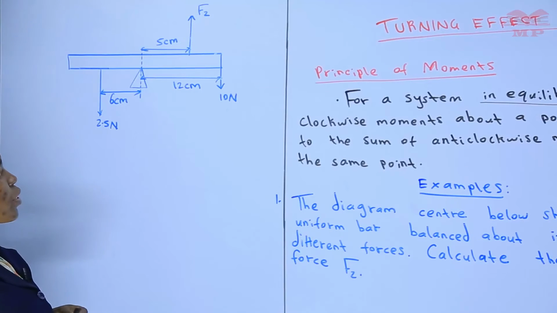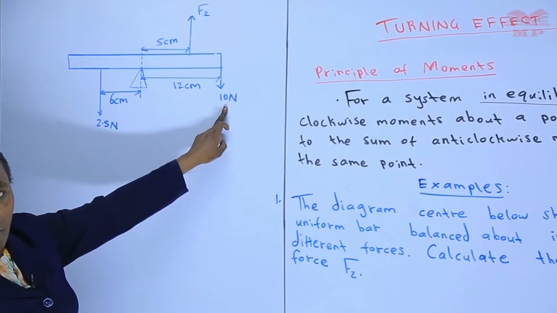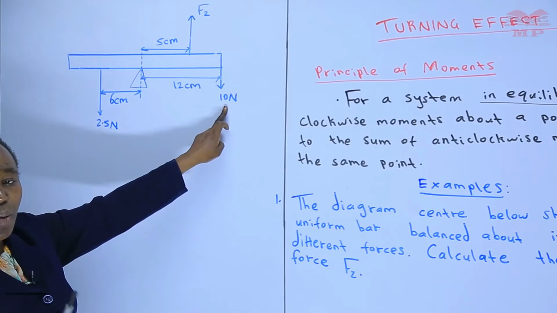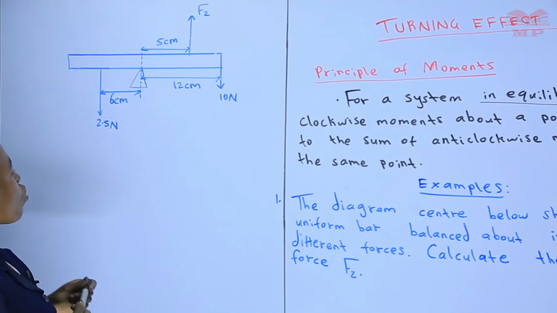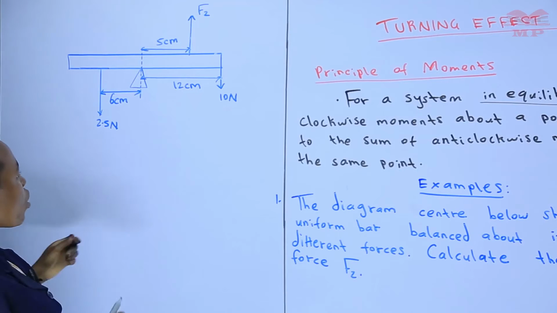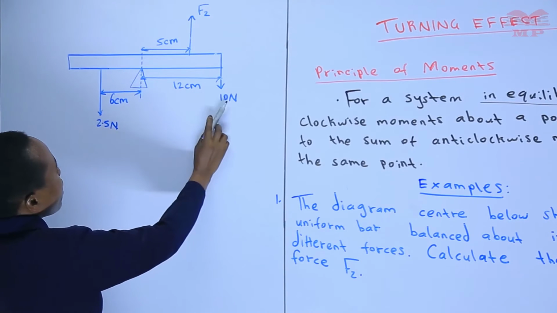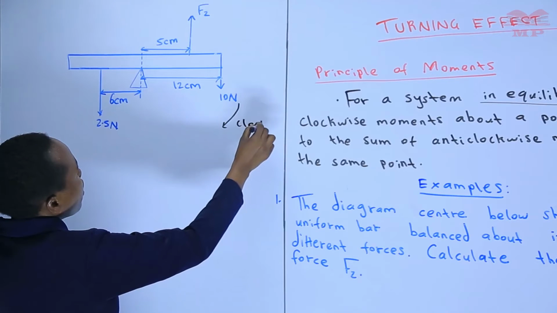Now we want to approach this question in steps. So the first thing that we need to know is which force will produce a clockwise moment and which force will produce an anticlockwise moment. Going by what we discussed in our previous lesson, we can say that this 10 newtons will produce a clockwise moment.